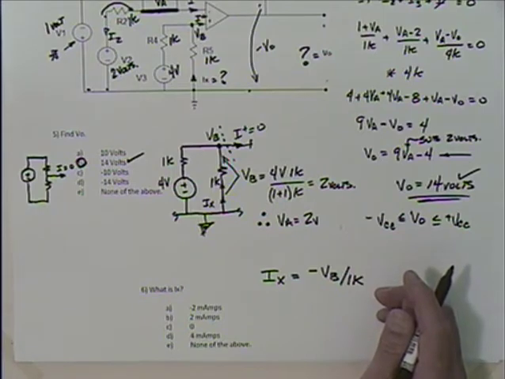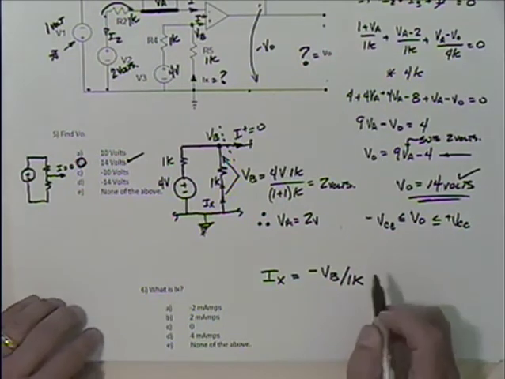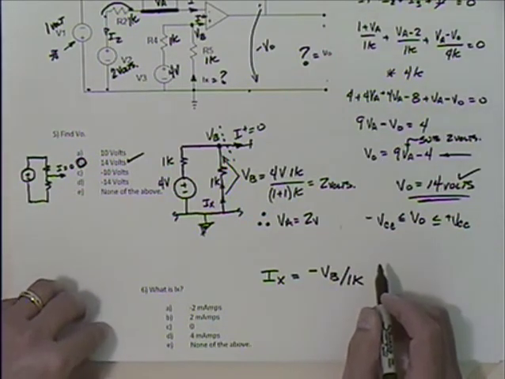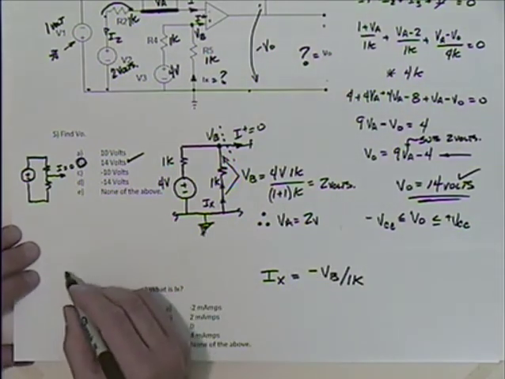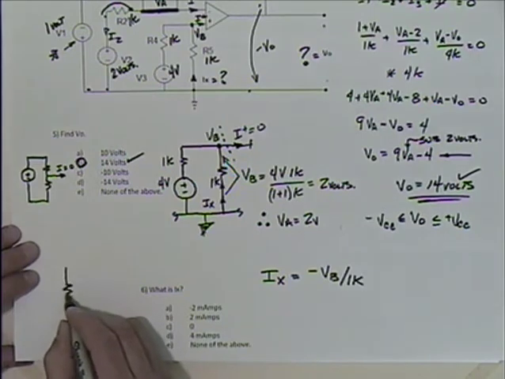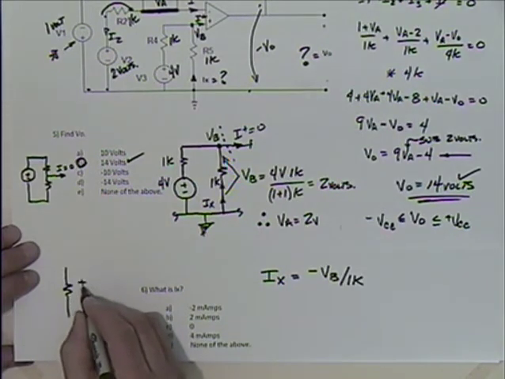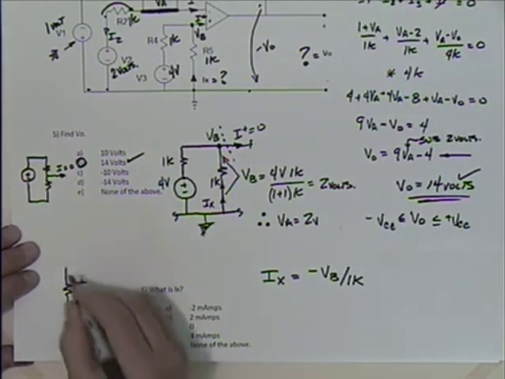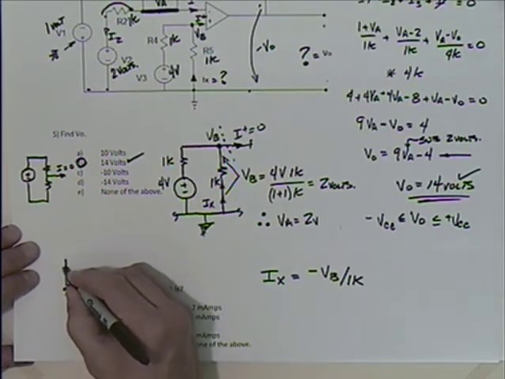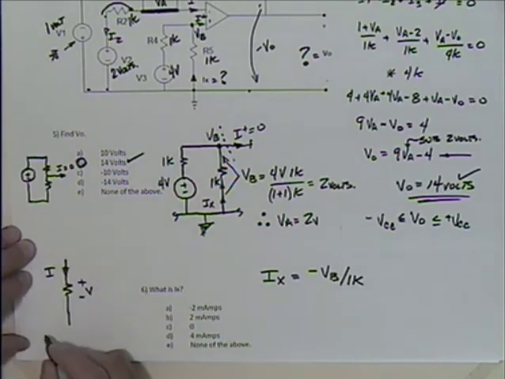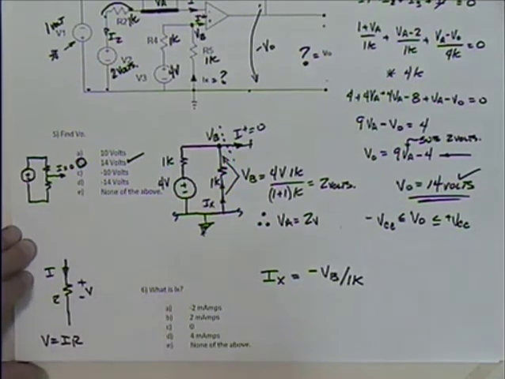I'll let that sink in here. Where'd the negative sign come from? Well, remember when we first studied Ohm's law, we said if we had this voltage here that was positive and negative, that was because of a current that went this way. Ohm's law said that V is equal to I times R, right?